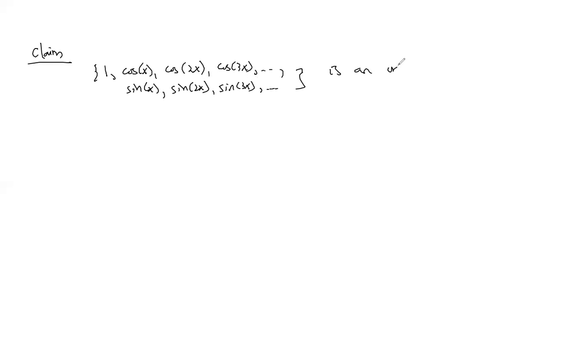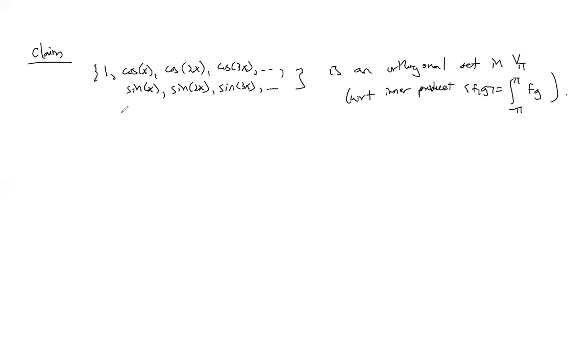It is an orthogonal set in V pi. And we say with respect to the inner product, because we really need to define an inner product; this is with respect to the inner product given before. So that's the claim. And then because this is an orthogonal set, we can project onto this subspace. And that's the Fourier series.